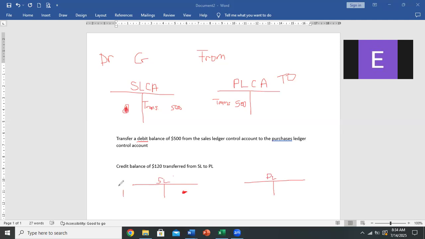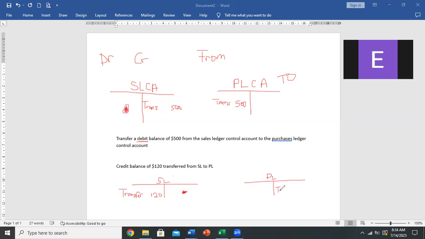So you indicate transfer of 120. And then when you get to the purchases ledger, it will be at the credit side, because if you have debited, the corresponding entry will be here at the credit side.